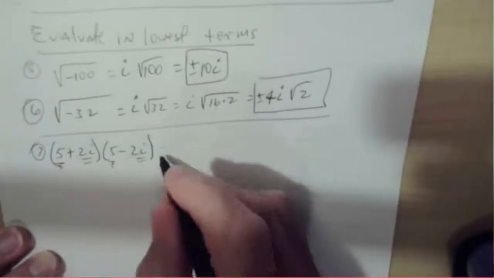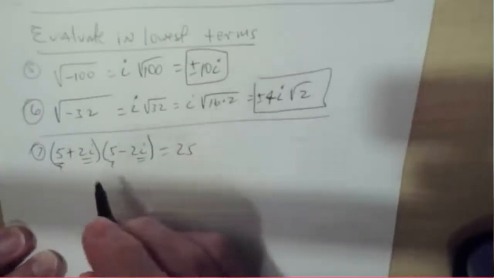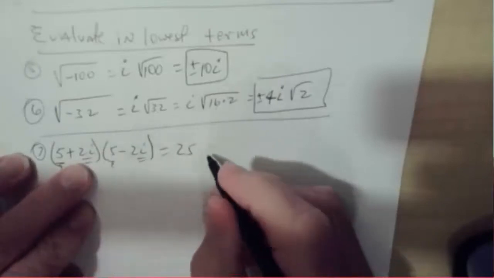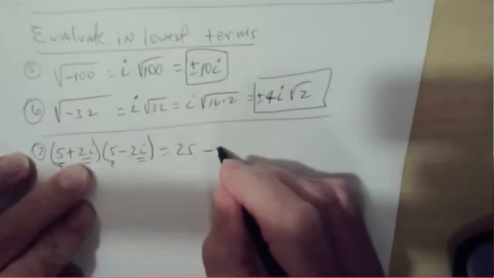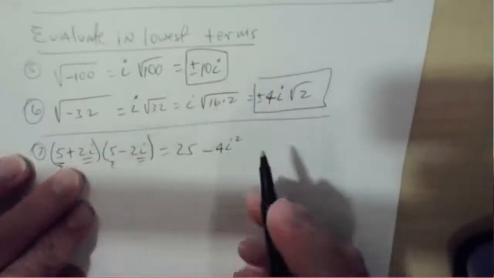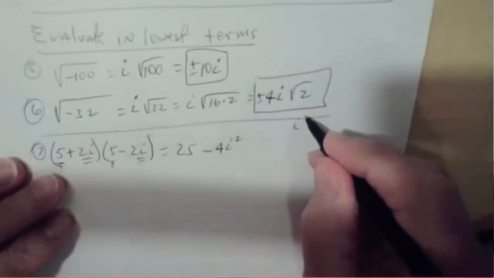5 times 5 is 25, and a positive 2i times a negative 2i is a negative 4i squared, because remember, i times i is i squared. Now we know what the value of i squared is. i squared, remember, is negative 1.